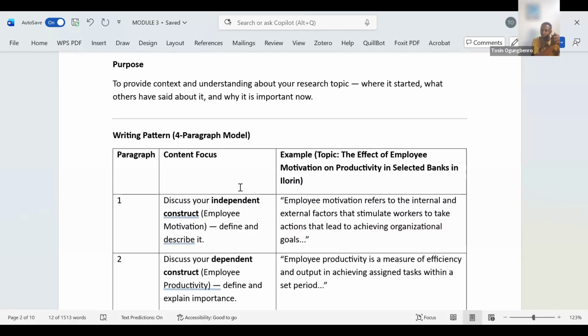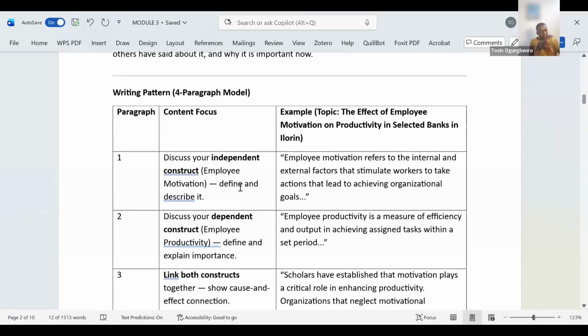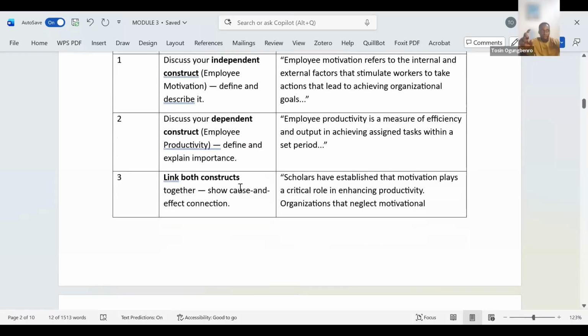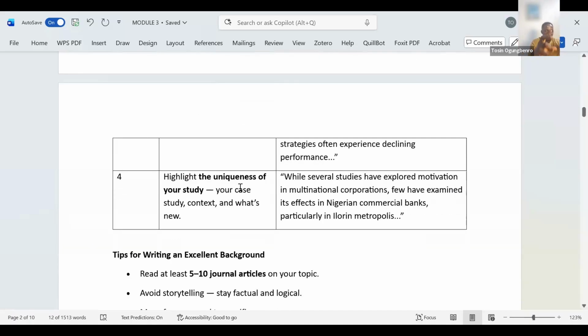So your background to the study is mainly about supplying context, but to make it easy, you break it down. One paragraph should talk about your independent construct, another paragraph about your dependent construct. You're supplying context individually. Then another paragraph will link the two constructs together.